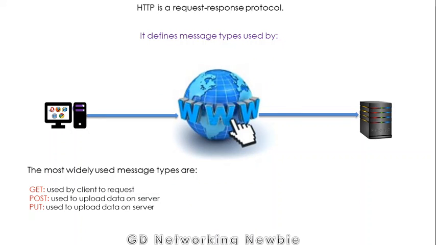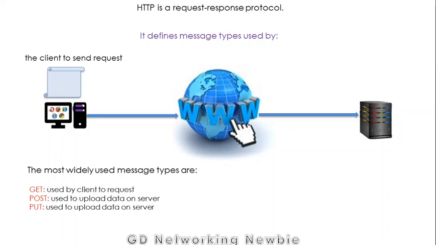Now some of the characteristics, or some more components, of the HTTP protocol. HTTP is a request response protocol. It means, as we just discussed, it sends a request, and in response it gets something from the server. It defines message types. For the request and the response, the HTTP protocol provides some message types.